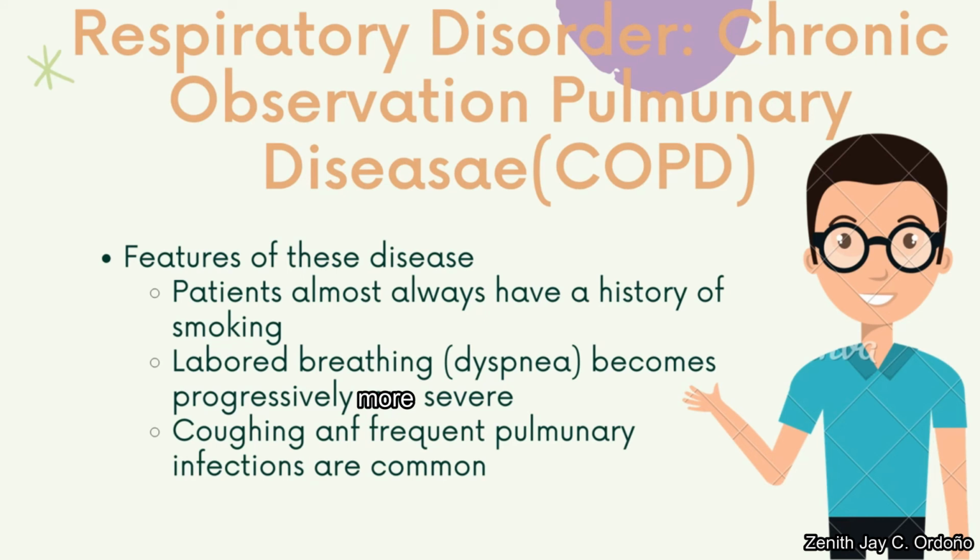The features of this disease are that the patients almost always have a history of smoking. Usually the disease starts with smoking and labored breathing becomes progressively severe. Coughing and frequent pulmonary infections are common.